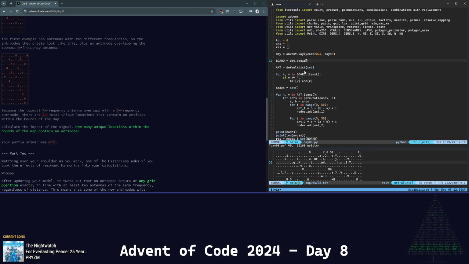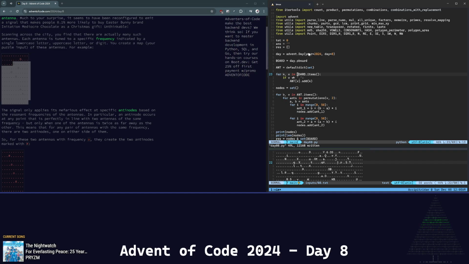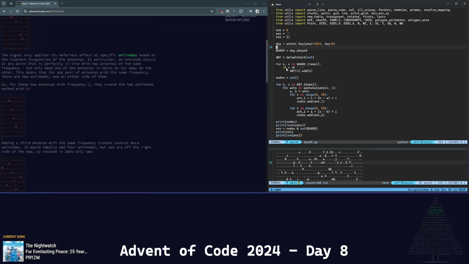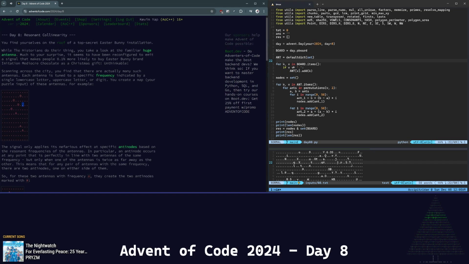So the way I ended up solving this was first loop through, I have a helper to parse the grid into nice point objects that I could do math on. And I loop through the different antenna in the board, and if it's not a period, I add it to this dictionary called ant, I guess.